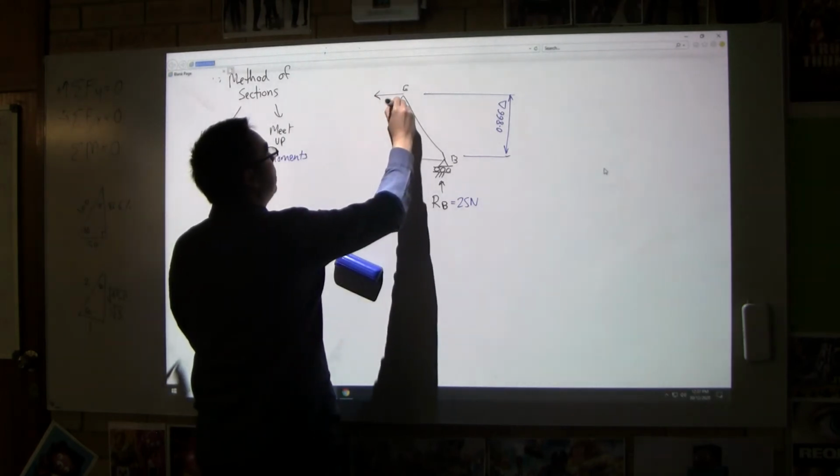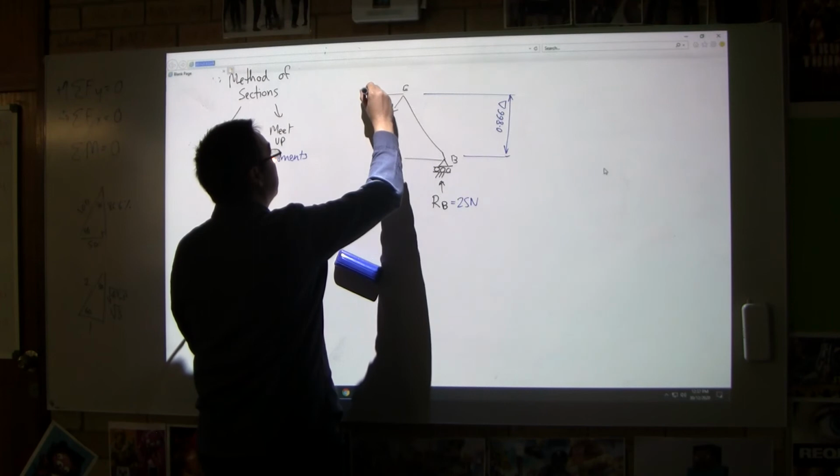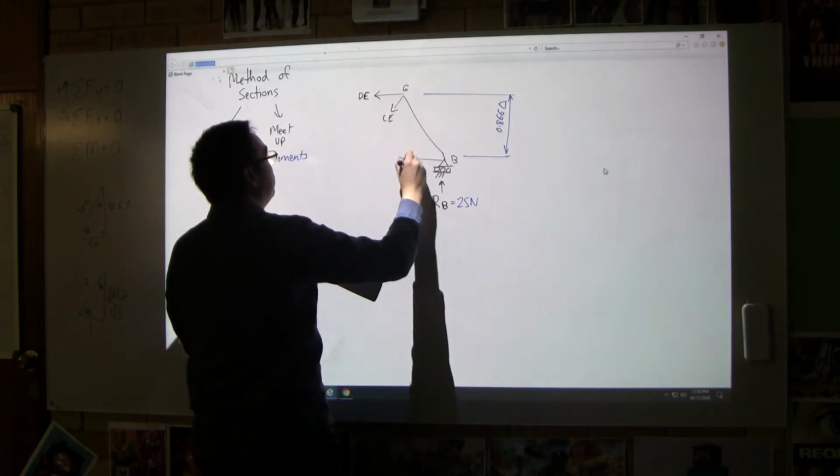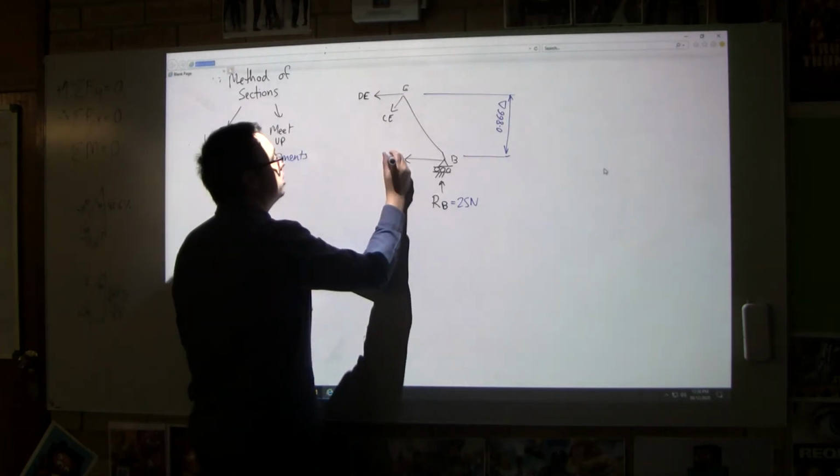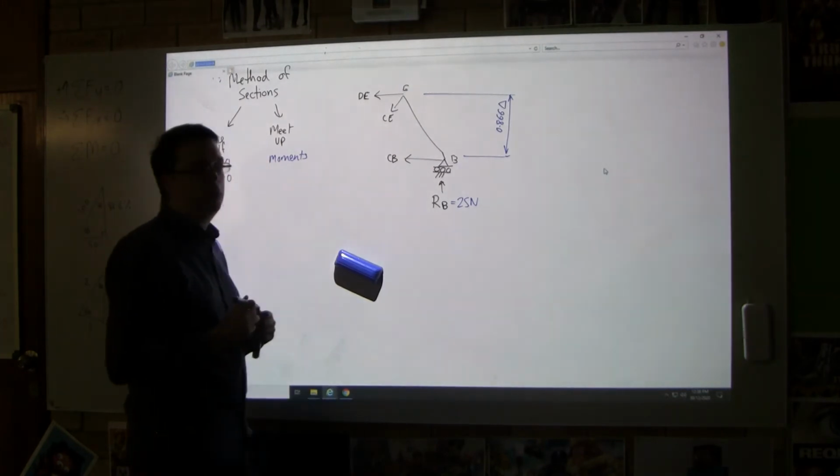Now we're going to pretend that we haven't already found CE. It would change things if we knew how to do it otherwise. We're just going to find Charlie Brown. I've named this other member Charlie Brown.